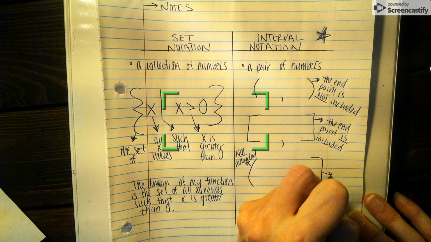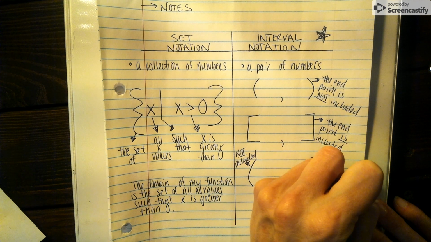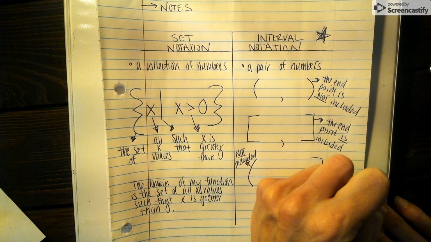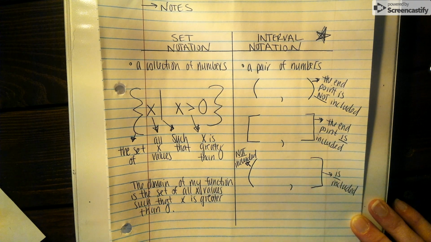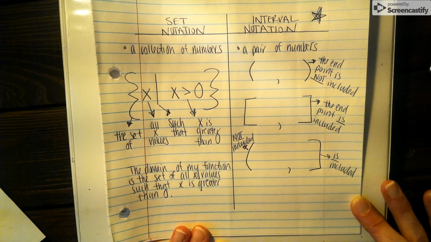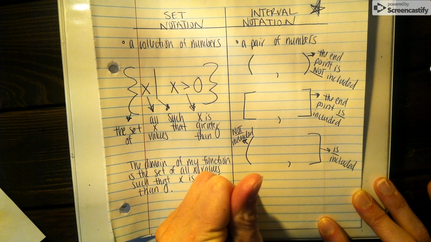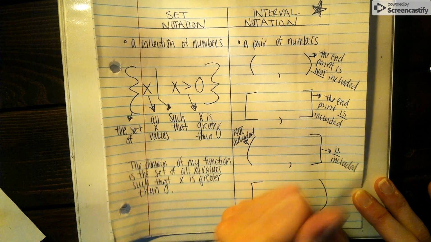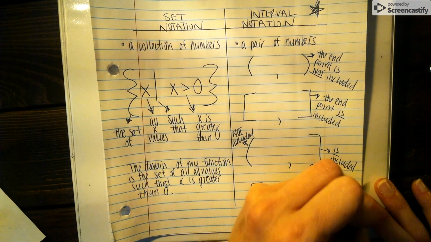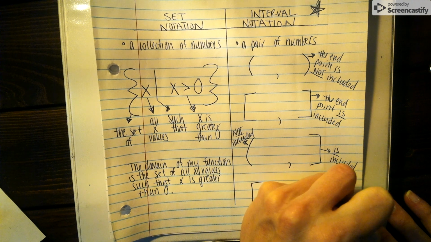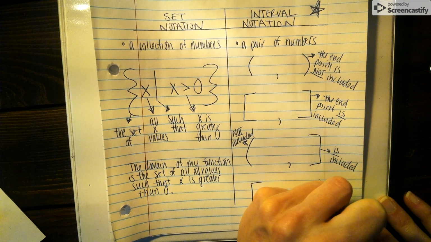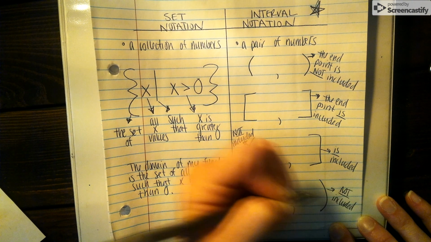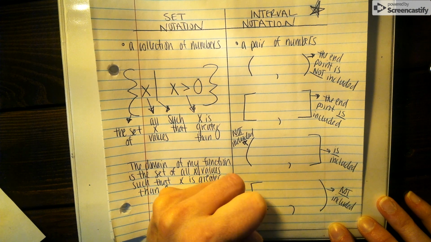And this bracket over here means that the endpoint is included. And then finally, I could have the bracket on the left and the parenthesis on the right. So same meaning. The parenthesis means not included, and the bracket means is included.